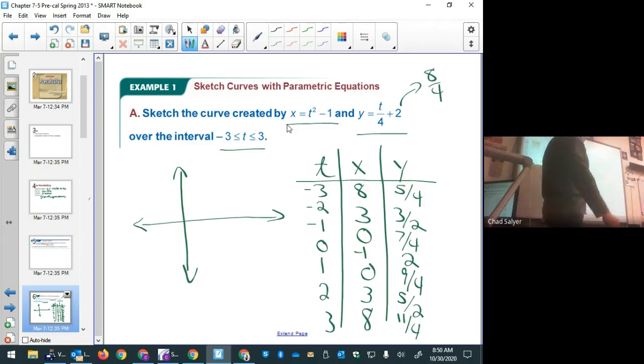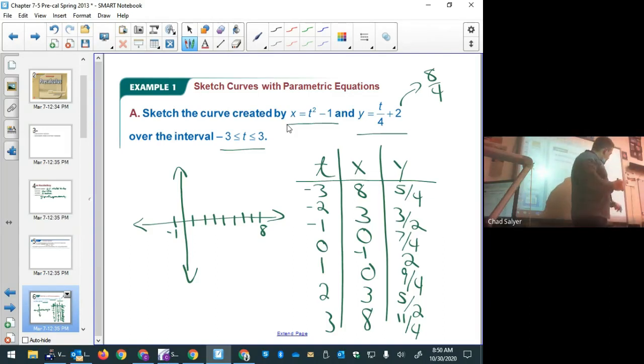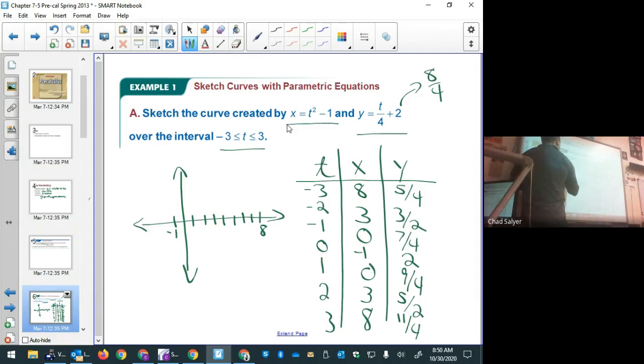We need the x to go from -1 and then out to 8. We need the y's to go, let's see, this is fairly close to 3, and then the smallest one, a little more than 1. So let's do this, 1, 2, 3. Like so.